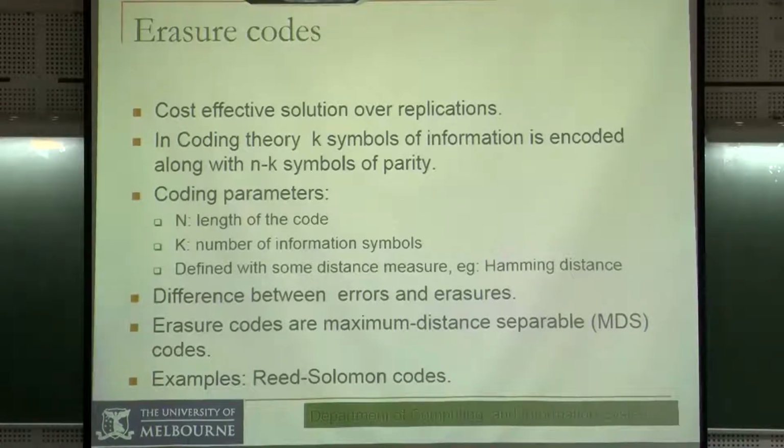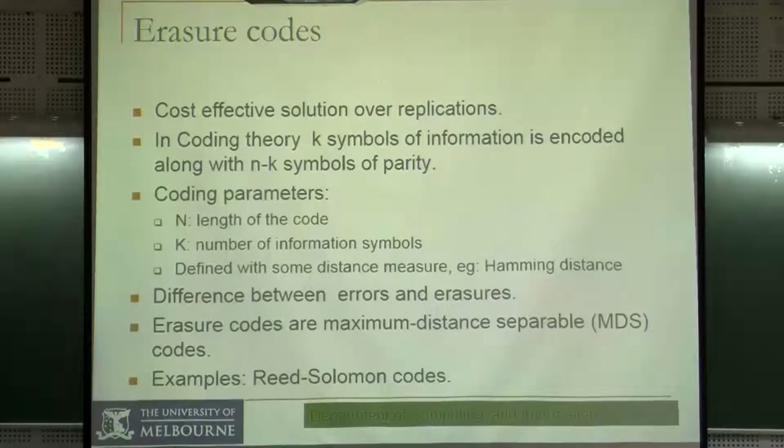Reed-Solomon codes were common in the coding theory context, and these had a lot of influence on the way the last century's communication and computing era developed. So these are the examples for the Reed-Solomon codes, and we will also look closely at these objects. Again another question will come: what is erasure code?